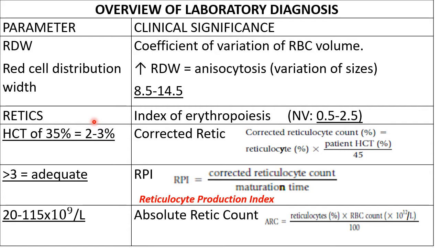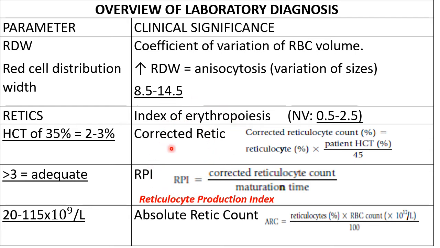Okay, to further investigate for reticulocyte count, we compute also for the other formula such as your CRC, corrected reticulocyte count, RPI is your reticulocyte production index, ARC is your absolute reticulocyte count. So, babalikan natin itong mga formula na to.